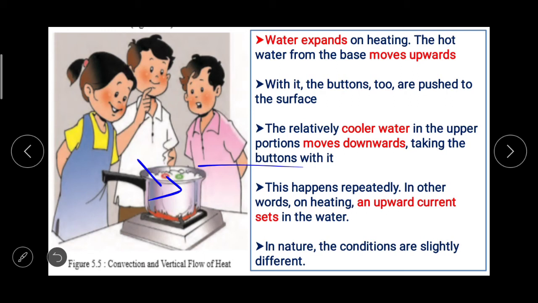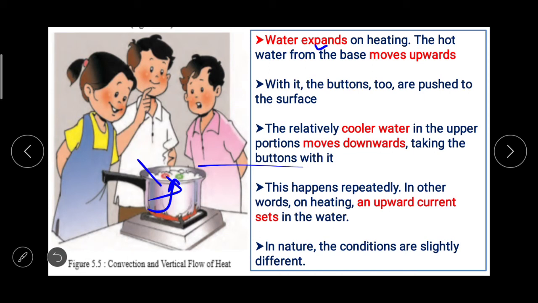Now if we observe this, we can understand one thing, that the water expands on heating, and the hot water from the base moves upward. The water at the bottom, on receiving heat, will move in the upward direction.